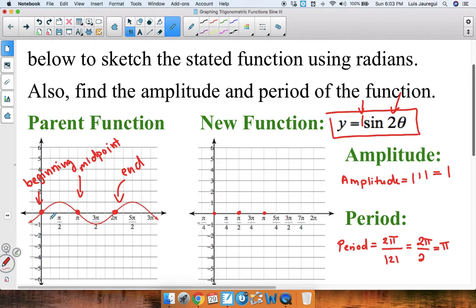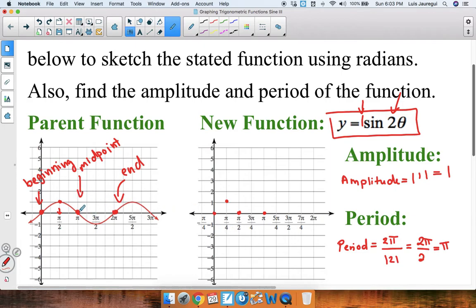Now what happens halfway between the beginning and the midpoint? Notice that you reach your maximum of 1. So halfway between my beginning and my midpoint, I'm going to reach a maximum of 1. And in this case, halfway there is pi over 4.